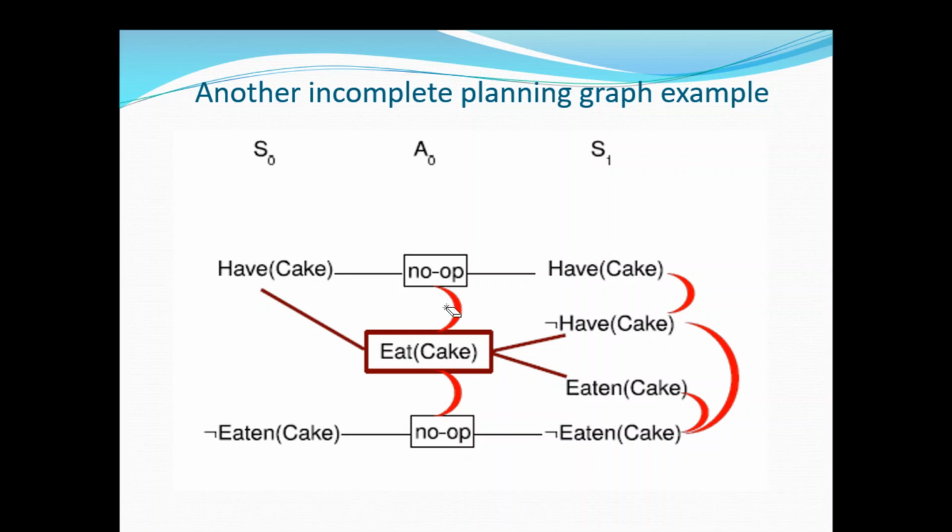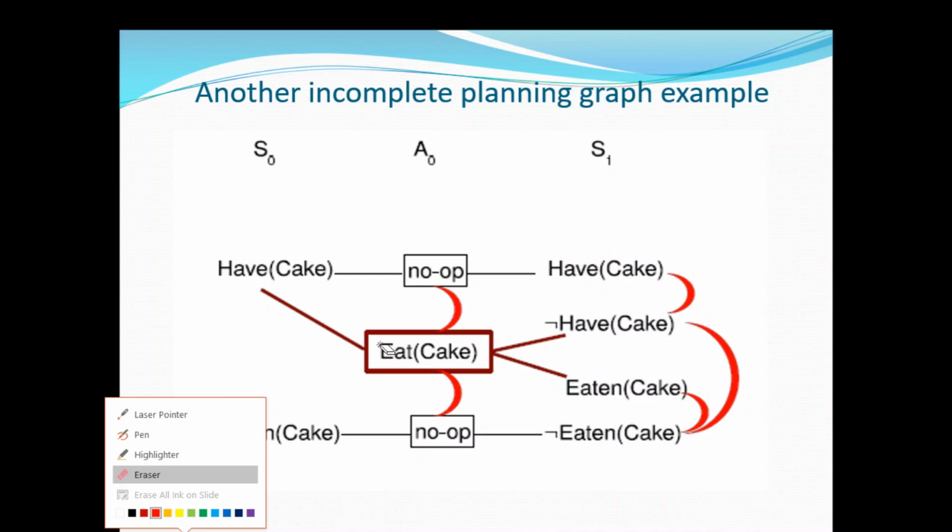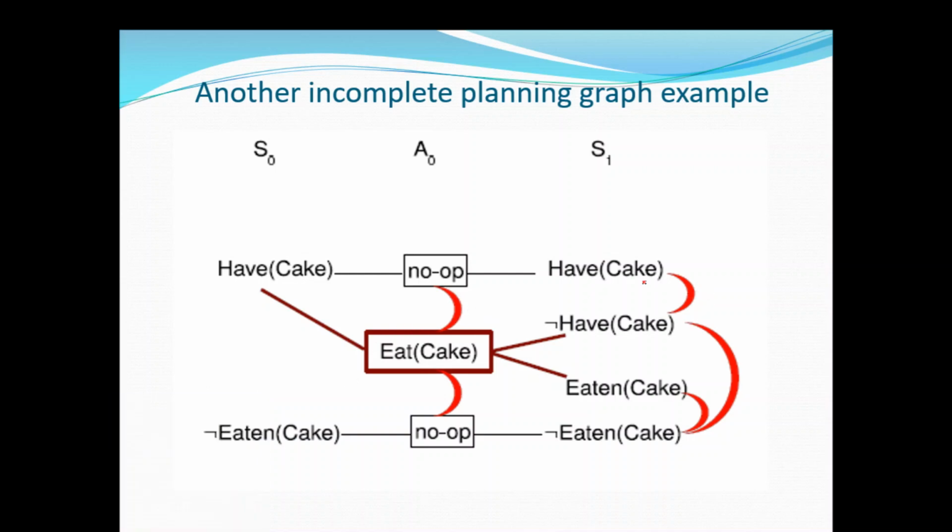So basically this red line represents a mutex link or mutual link. It represents whether these two things can happen parallelly or not. That's what it represents. So that is called mutex links or mutual links.